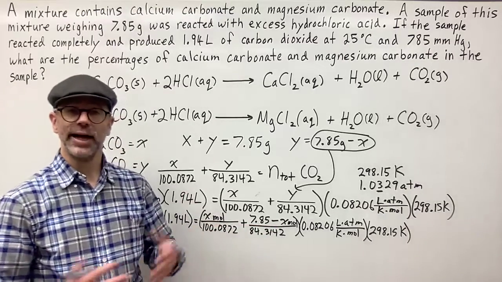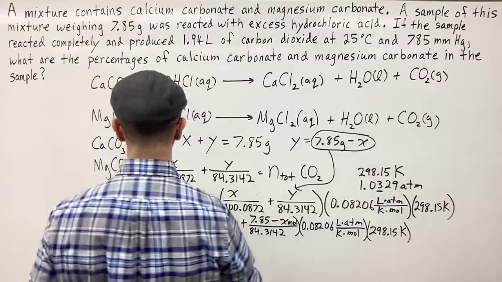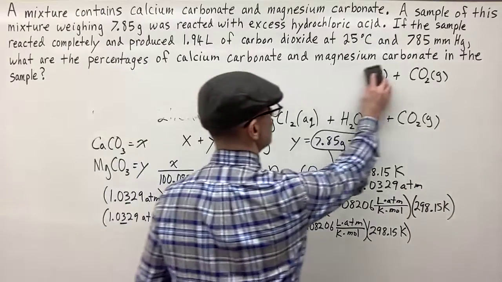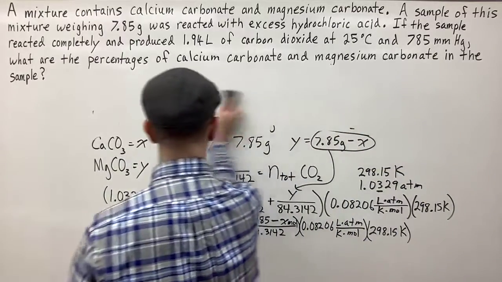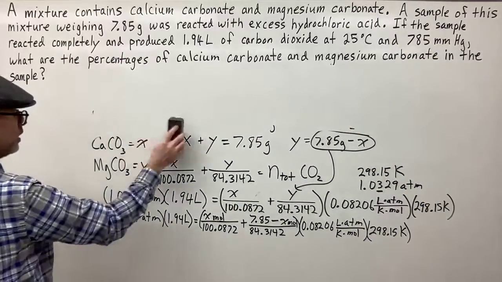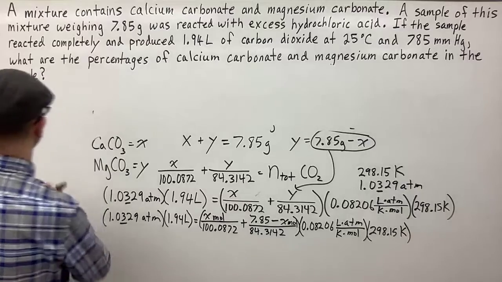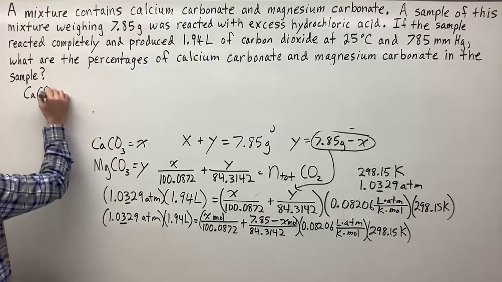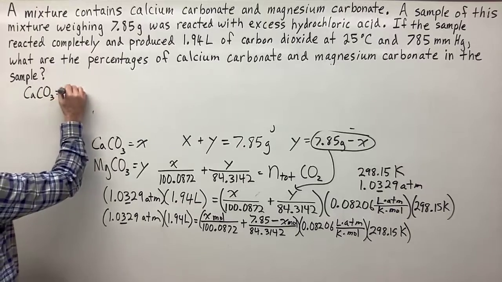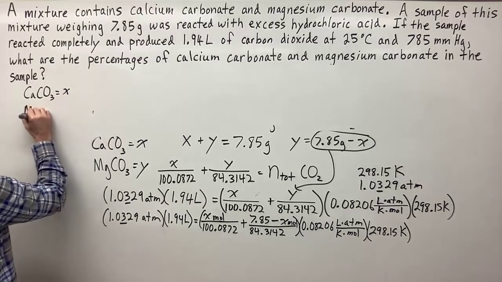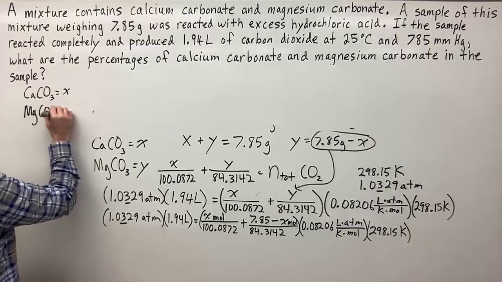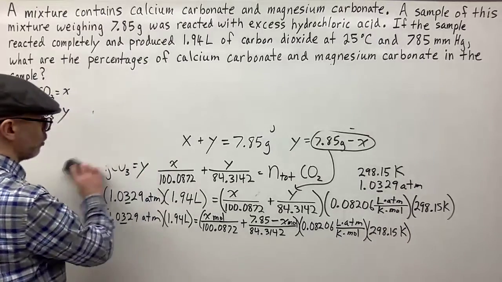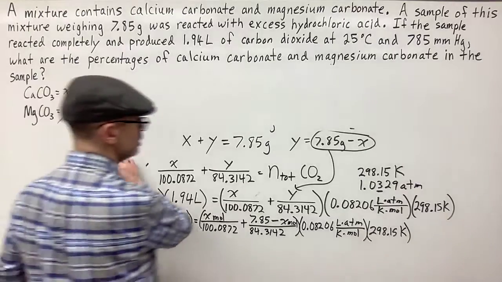Now here it's just algebra. So let's do the algebra. So I'm going to go ahead and erase these equations. We don't need these anymore. I'll keep the calcium carbonate equal to X over here, magnesium carbonate equal to Y. So we remember those because we've got to remember what we're solving for.